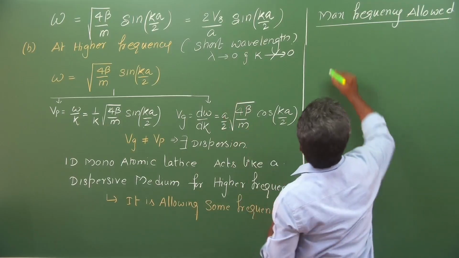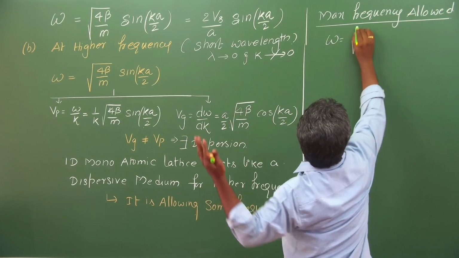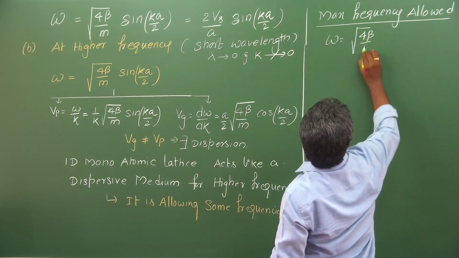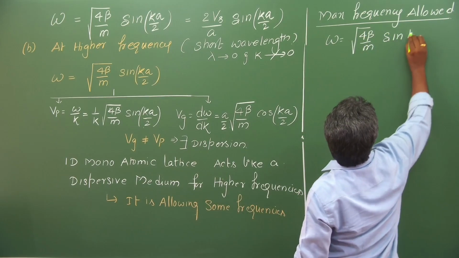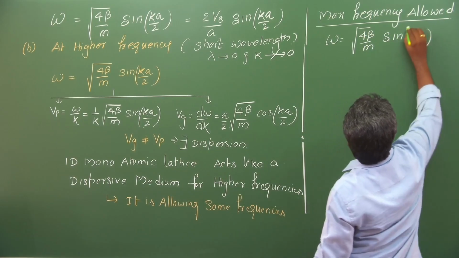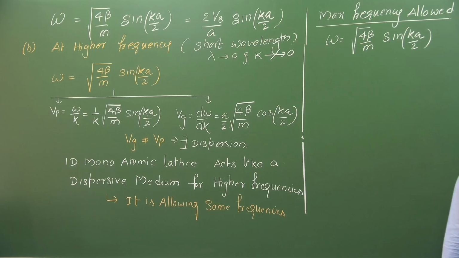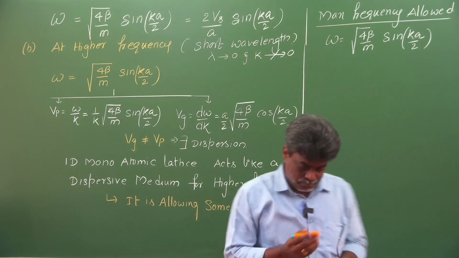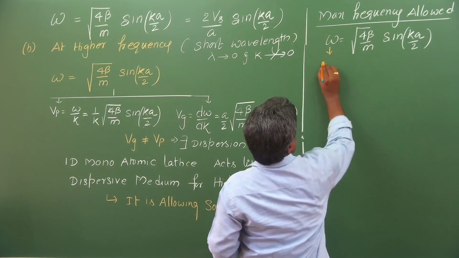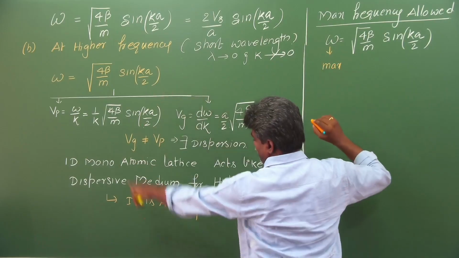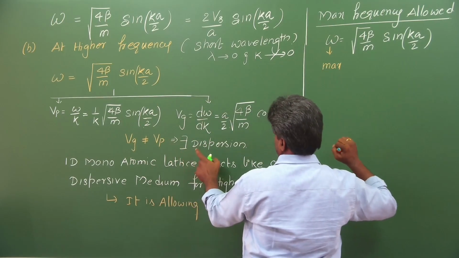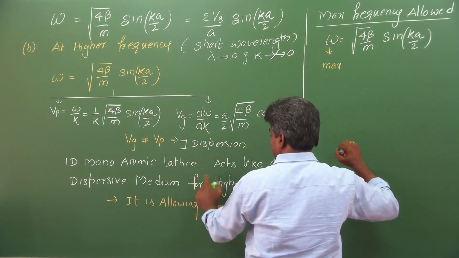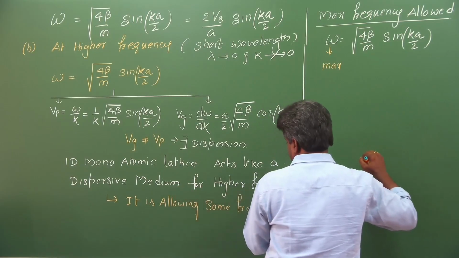Once again I am taking omega equal to under root 4 beta by m sin Ka by 2. What do you want? We want omega maximum. Up to this I hope everybody understands. We have just shown that there exists dispersion. That means it acts like a dispersive medium for a higher frequency.